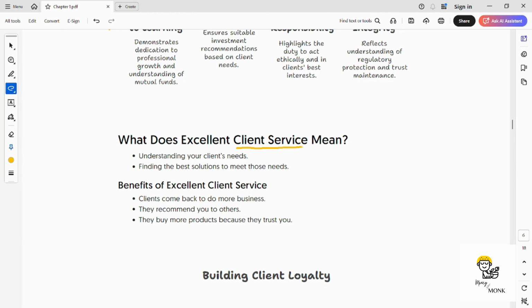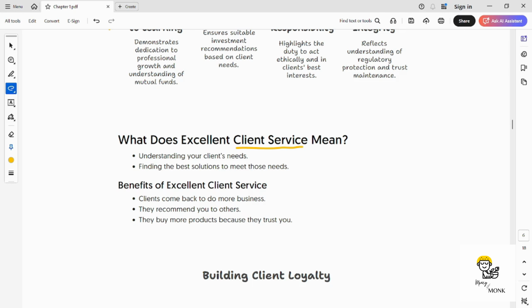Now, what does excellent client service mean to you? What is excellent client service? Okay, so excellent client service means you understand your client's needs. Every client is different. Each client that sits in your office has different needs. They have different perspectives on things.